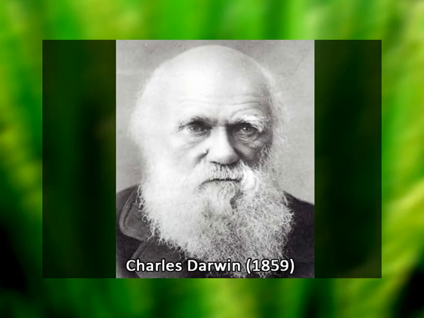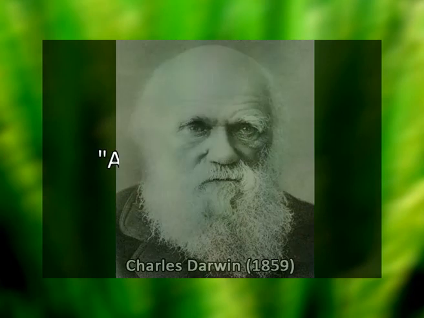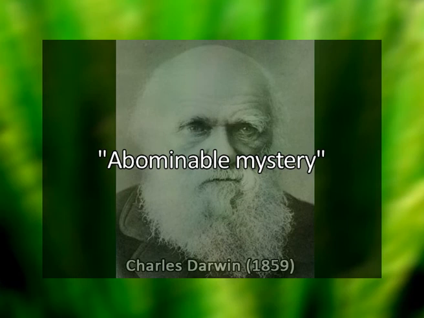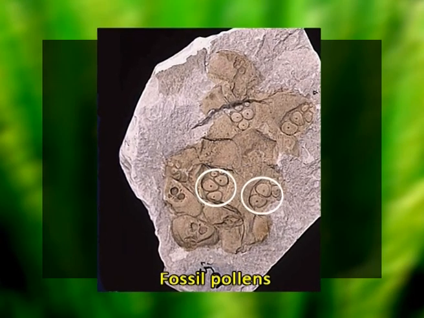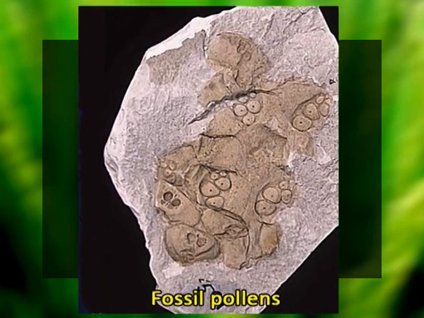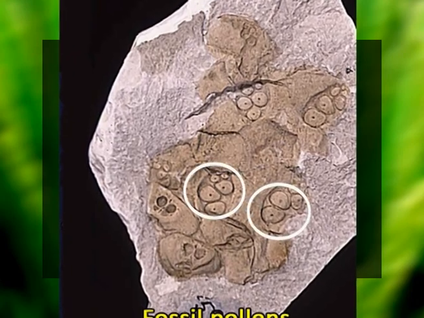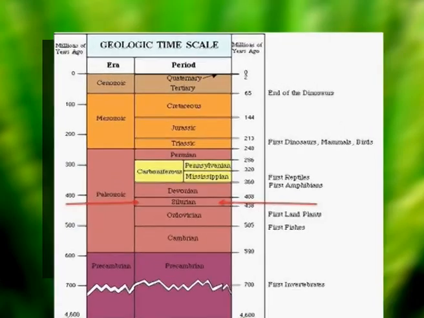Charles Darwin, an evolutionary biologist, once remarked on the relatively rapid evolutionary diversification of angiosperms, using a phrase, abominable mystery. The earliest fossil record of angiosperms is in the form of pollen grains that has been recorded from the earliest Cretaceous period.